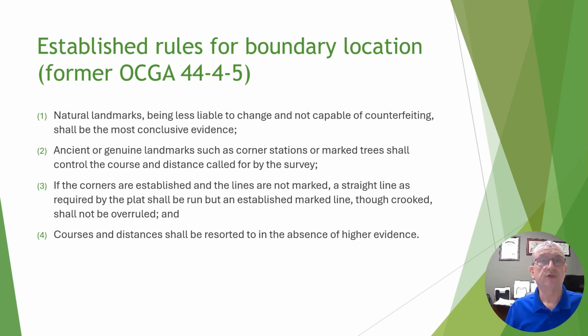It's not even on the sphere of hierarchy under the established Georgia doctrine. But number 4, courses and distances shall be resorted to in the absence of higher evidence. So if you have higher evidence, blazings on trees, pins, an adjacent survey, if you have some higher evidence, that controls where your corners go. But if there's just nothing else at all, the last resort are the bearings and distances that you got.